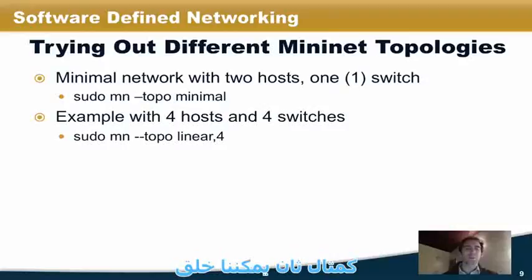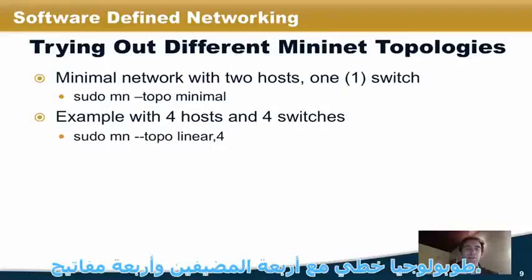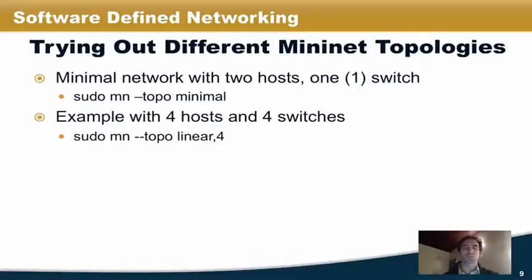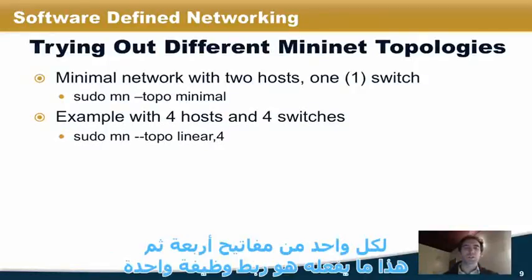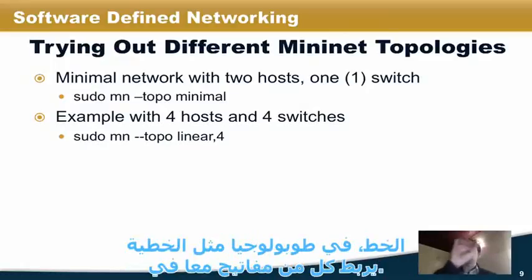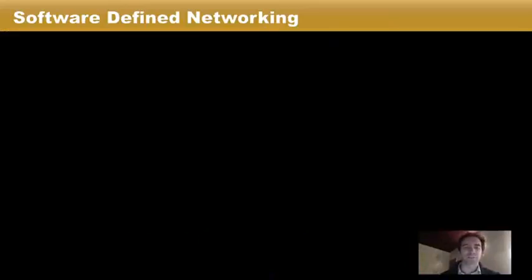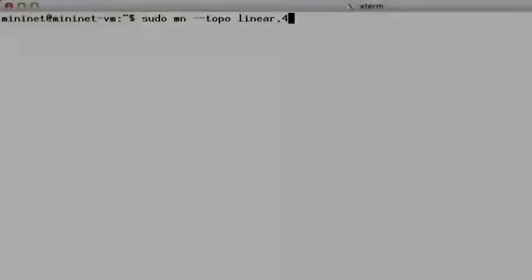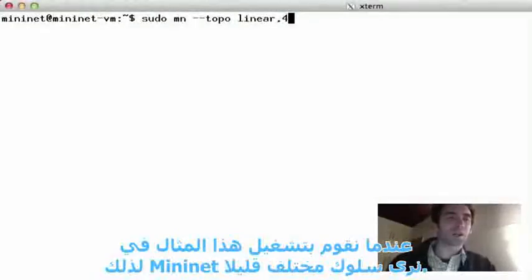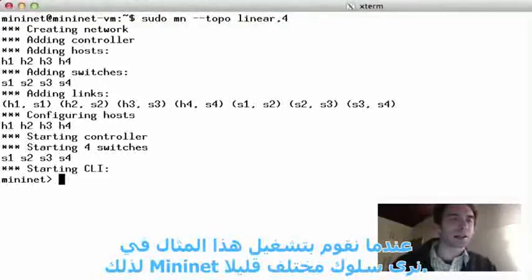As a second example, we can create a linear topology with 4 hosts and 4 switches. What this does is connect 1 host to each of the 4 switches, and then connects each of the switches together in a line, in a linear-like topology. So when we run this example in Mininet, we see slightly different behavior.